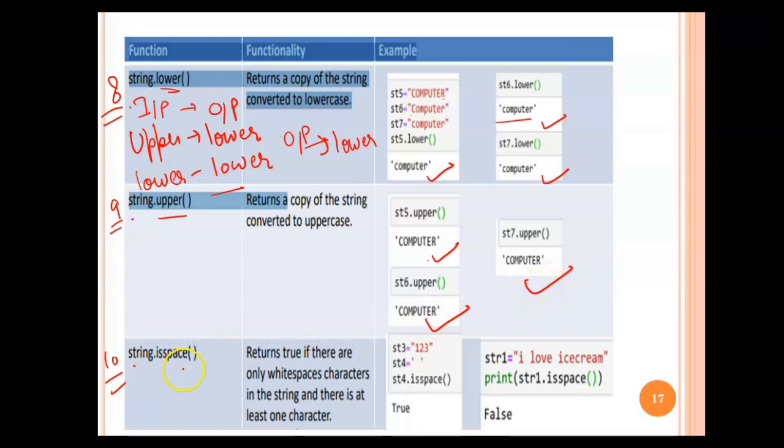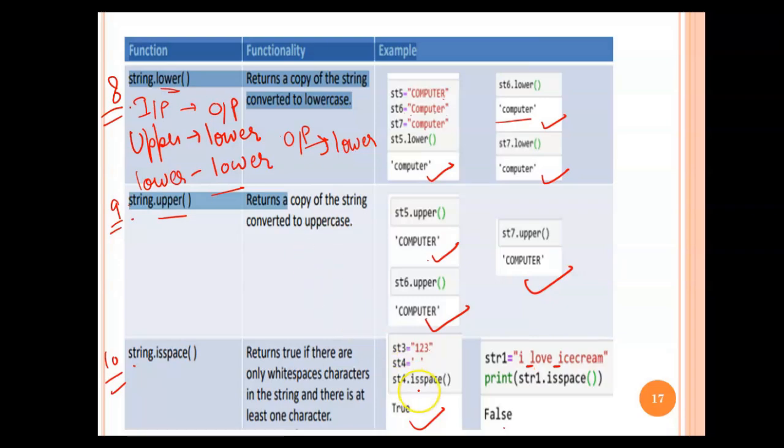Next we have string.isspace. It checks whether the string consists only of spaces. If it is space, then true, otherwise false. Now you can check st3, 1 2 3. It's numbers, not space. st4 is true, but st1 is equal to 'I love ice cream', so it contains spaces, yet it gives false. The reason is that it's not going to check whether a space is present in the string. It's going to check whether the whole string is a space, that should be space only, okay?